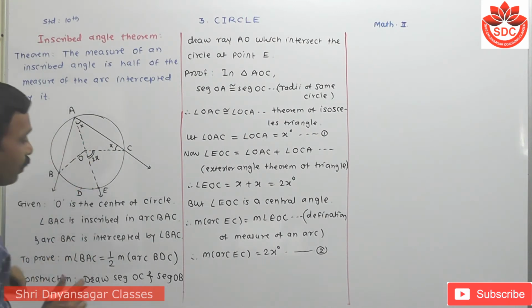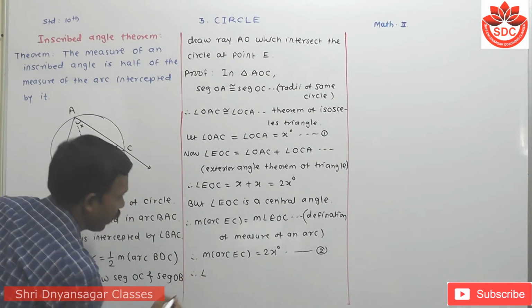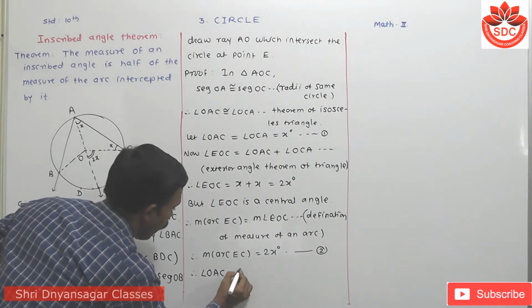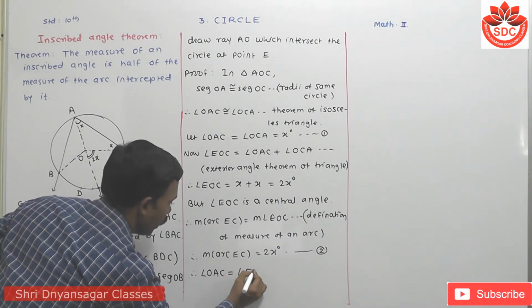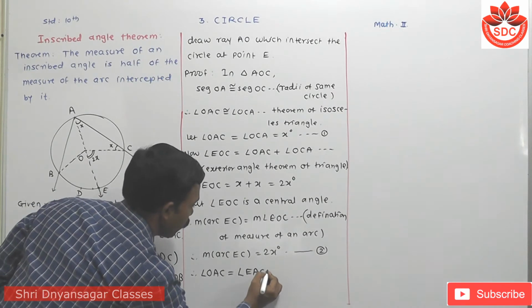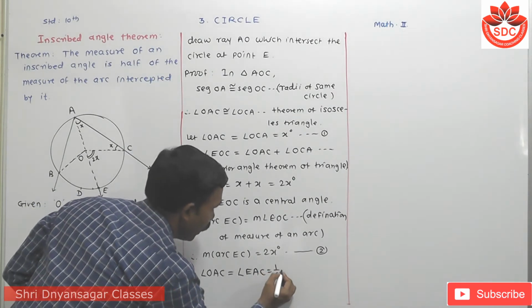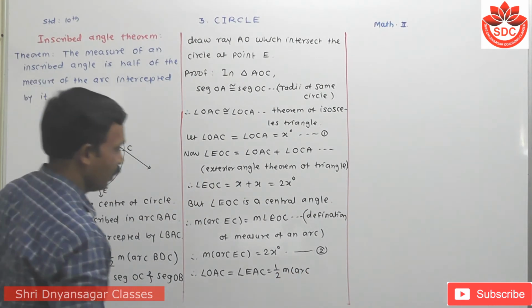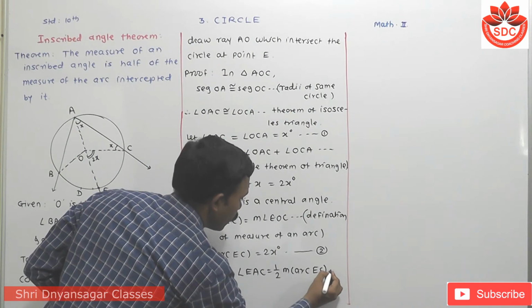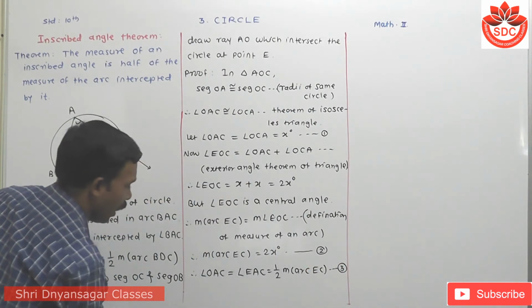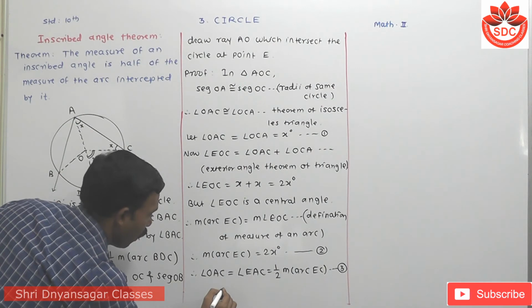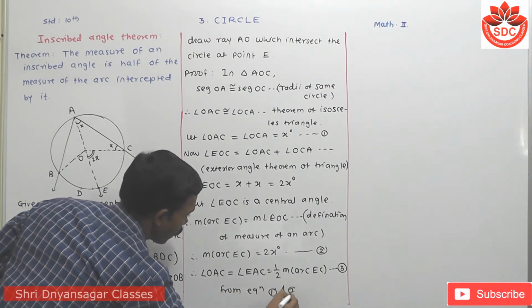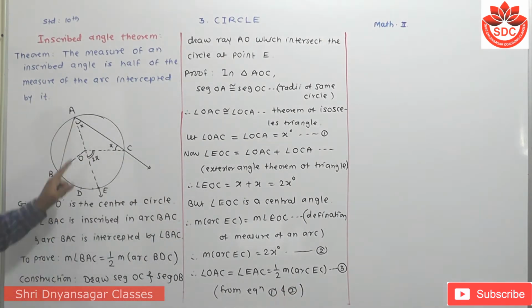So I have to write here angle OAC is equal to angle EAC is equal to half of measure of arc EC. This is equation number 3, and I have to write it from equation first and second. This is the reason of that point.